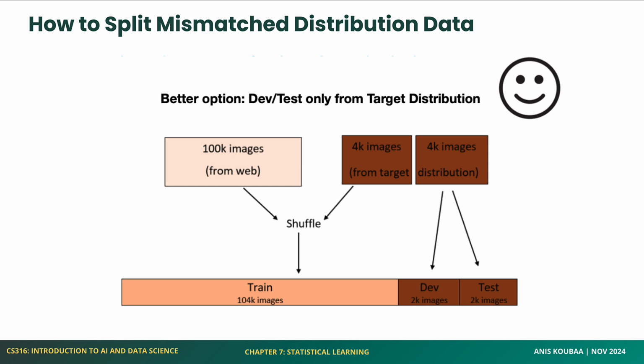So if I have a lot of data, I can use, for example, 200 pictures or 500 pictures or 1,000 pictures in the dev and another set in the test. The bottom line here is that instead of shuffling, we will put the dev dataset and the test dataset, all of them from the target distribution. Now the number depends on the size of your data. Does it make sense?